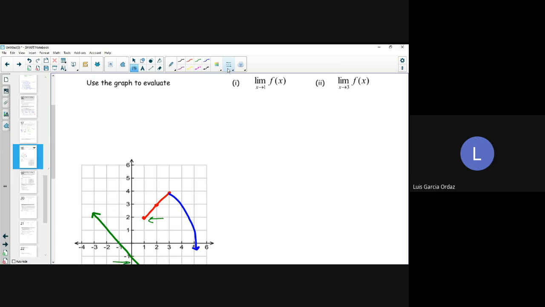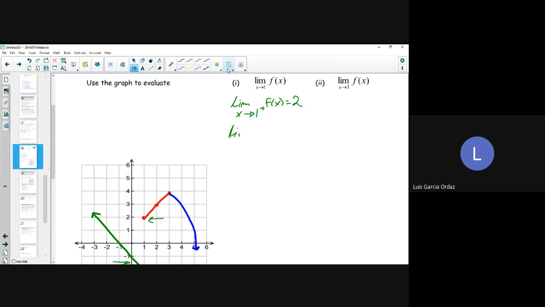So what is the limit as x approaches 1 from the right of f of x? What does it hit? Two. The limit of f of x as x approaches 1 from the right is 2.